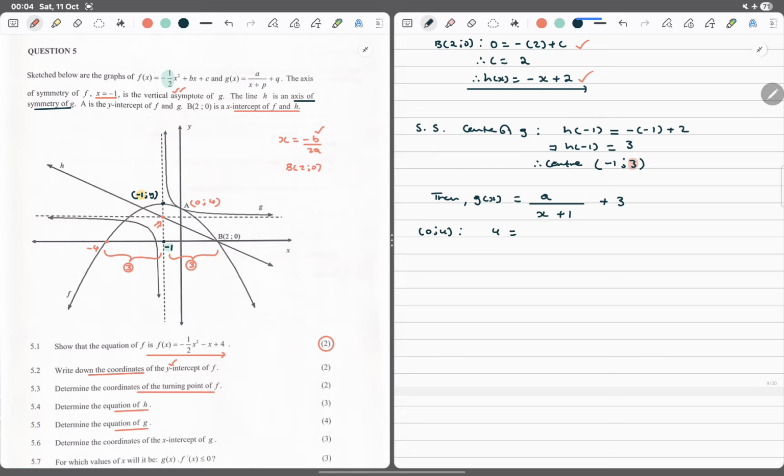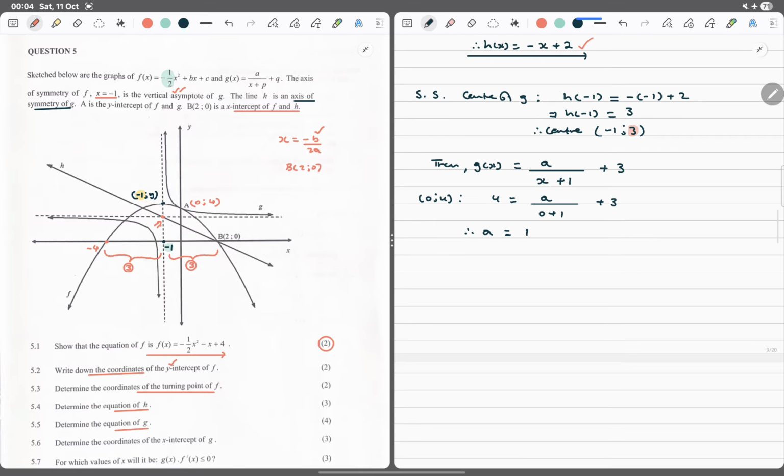So 4 is going to be equal to a over 0 plus 1, plus 3. We can see that a is going to be, we transpose 3, we get 1. The shape is also good. It's in the first quadrant and third quadrant. So we can make a conclusion that our g of x is 1 over x plus 1, plus 3.